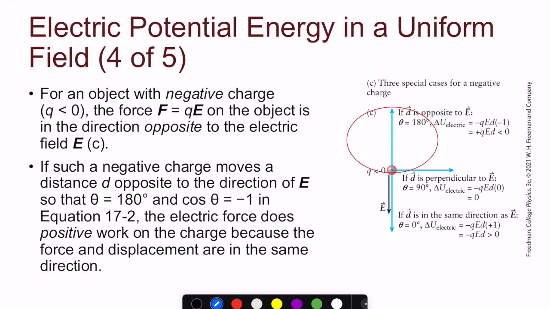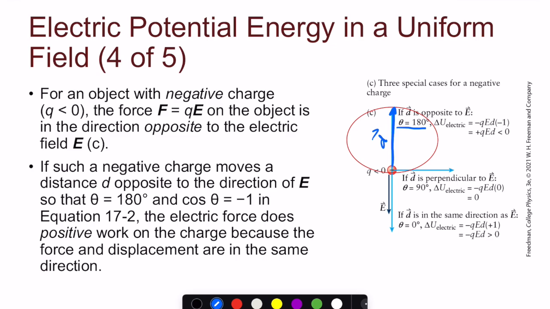Let's look at the case when the particle is negatively charged. If this particle is moving opposite to the electric field, the angle between the electric field and the displacement vector is 180 degrees.